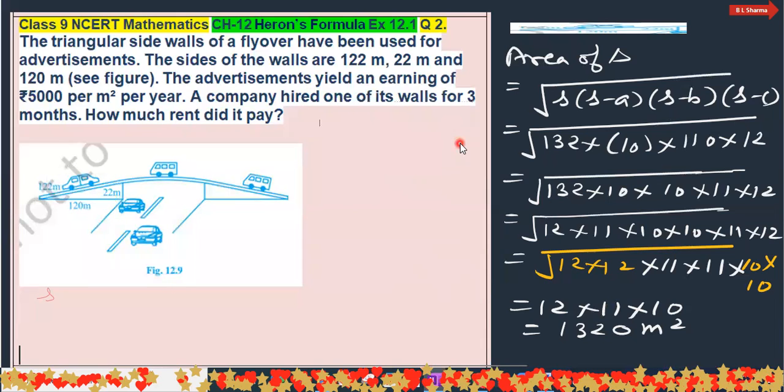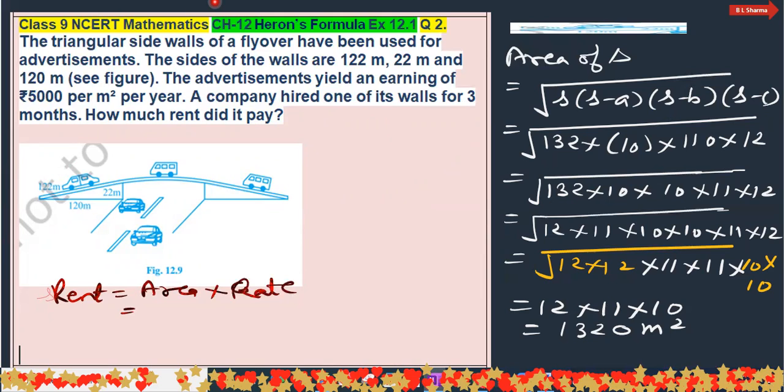Okay. Therefore, further we can write, therefore rent, that is area into rate.